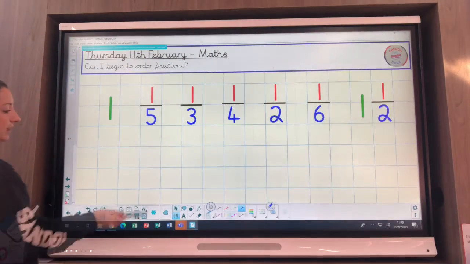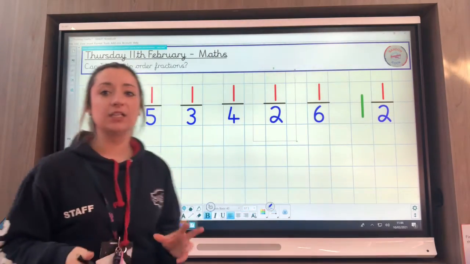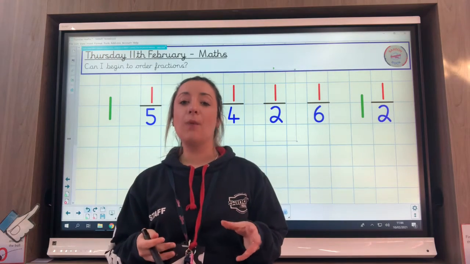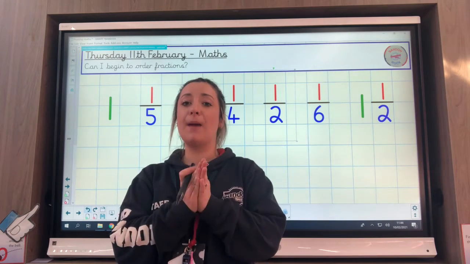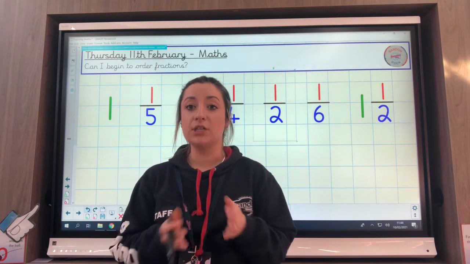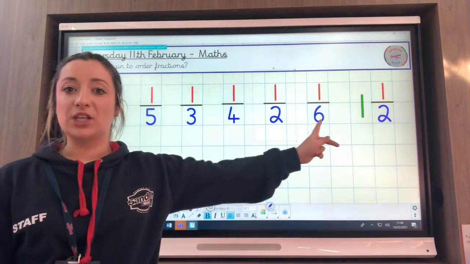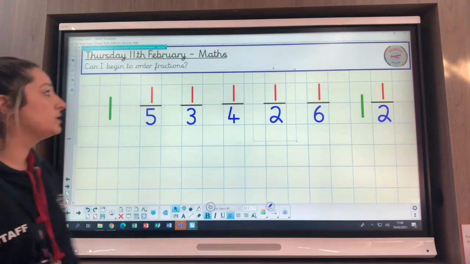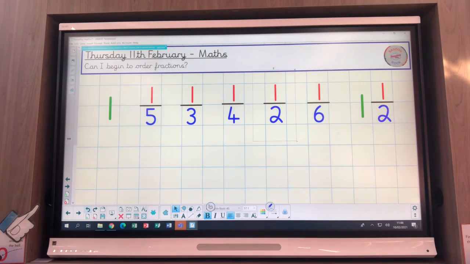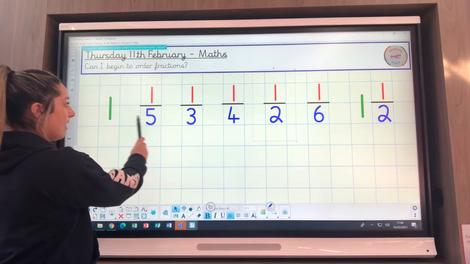So I need to find the denominator that has the largest amount, and that will give me the smallest piece. Remember, the bigger the denominator is, the smaller those parts are. So I need to find a denominator which has the biggest amount. Can you see at home which denominator has the biggest amount? Is it over here?